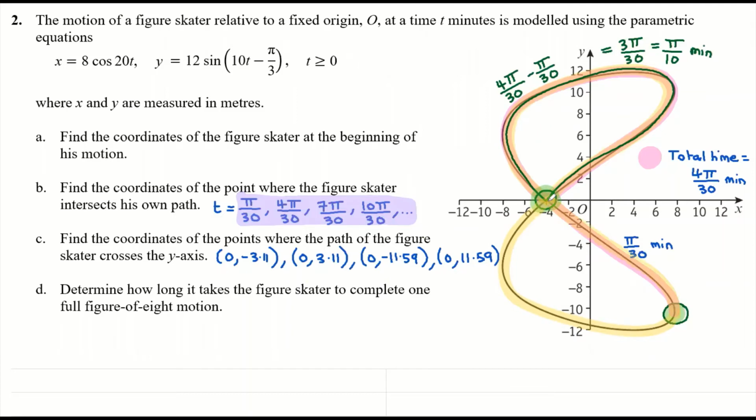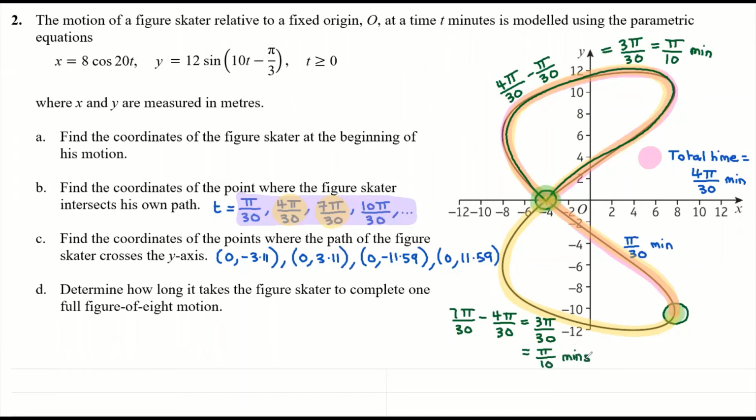Right, now if we look at the next two solutions, the starting point of that journey took place at 4 pi over 30 minutes, and then he returned back to that point at 7 pi over 30 minutes. So that part of the journey is going to be as follows. It will be 7 pi over 30, subtract 4 pi over 30, which is also 3 pi over 30, which is pi over 10, and that's in minutes.